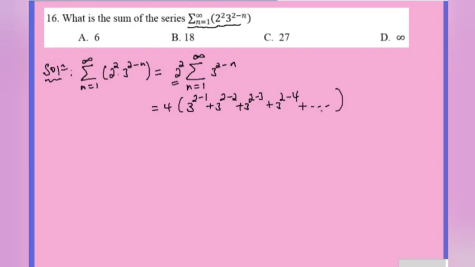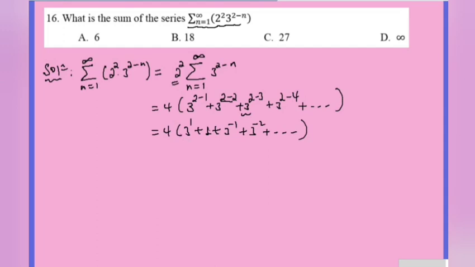This is infinite. So this can be written as 4 times (3 to the power of 1 plus 3 to the power of 2 minus 2, which is 3 to the power of 0, which is 1, then 3 to the power of minus 1, 3 to the power of minus 2, and so on). This is an infinite geometric series.